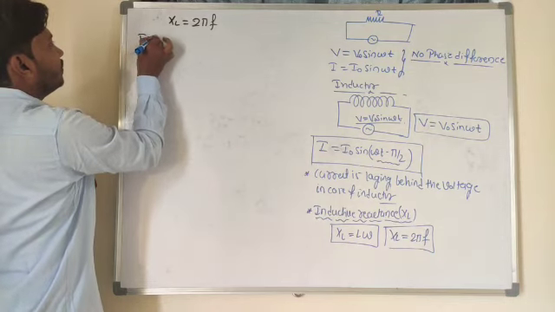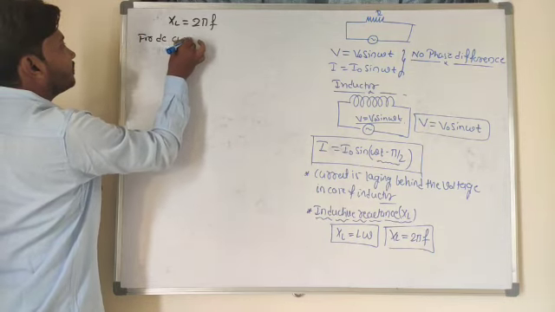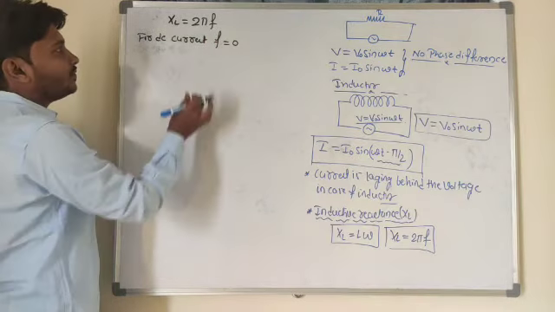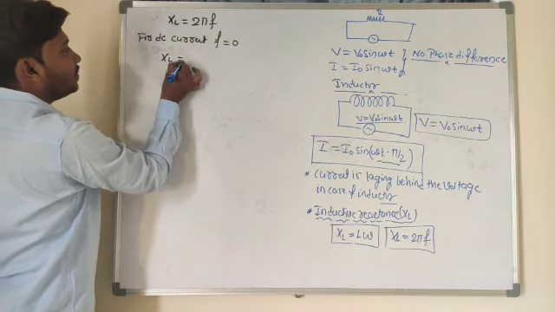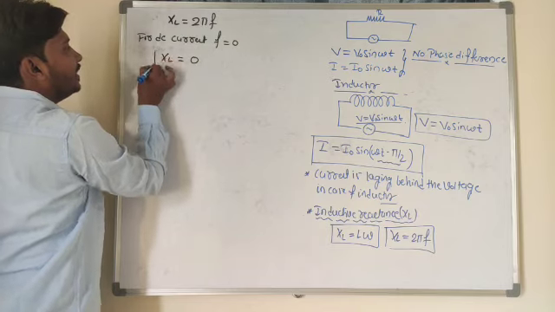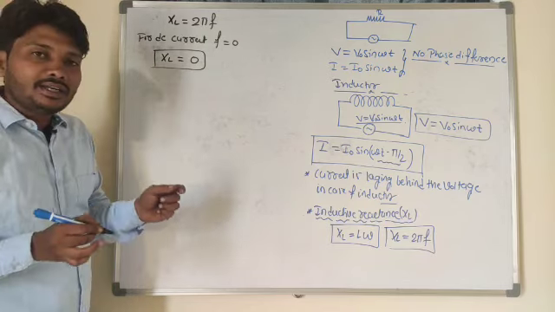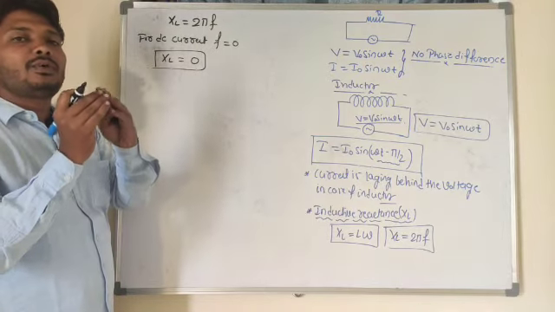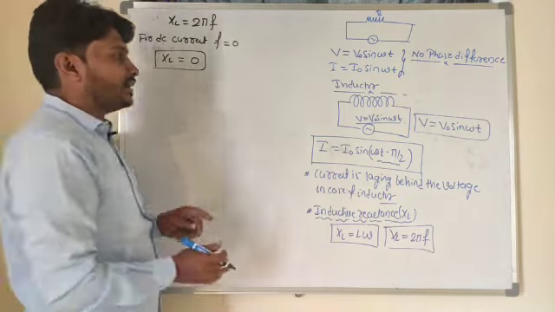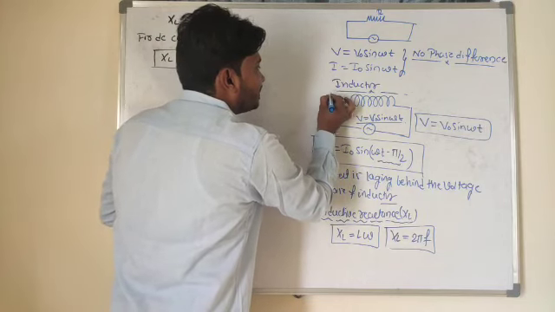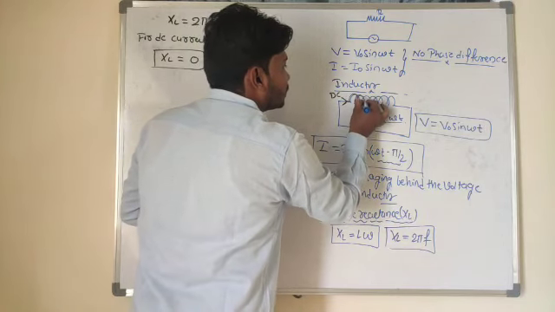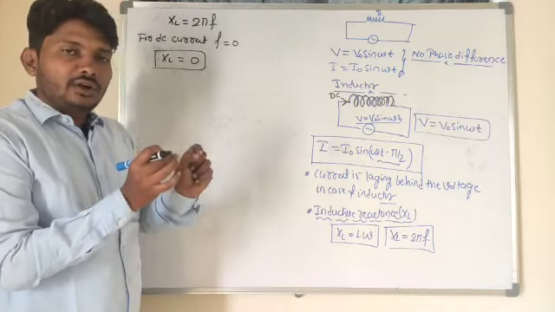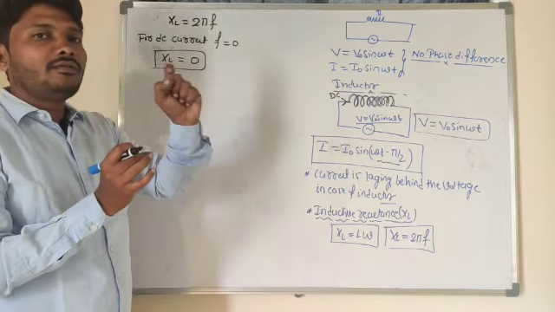For DC current, F is 0. So frequency is 0, and what about the inductive reactance? The inductive reactance is 0. It means the inductor does not make any kind of opposition for the flow of DC current. So DC current can easily pass over the inductor. That is, the inductor does not make any opposition for the flow of DC current.